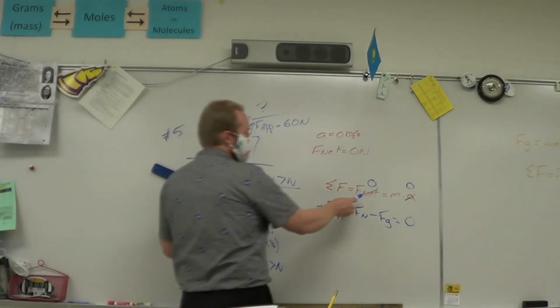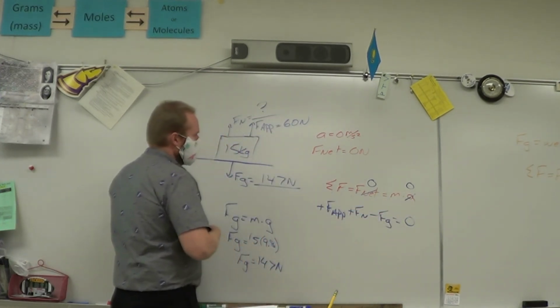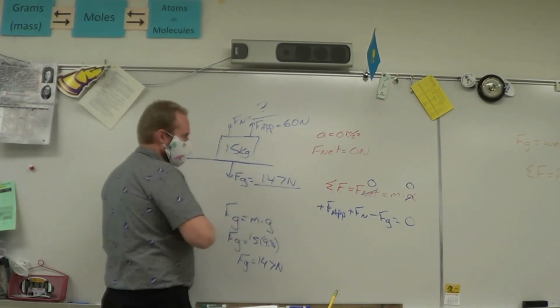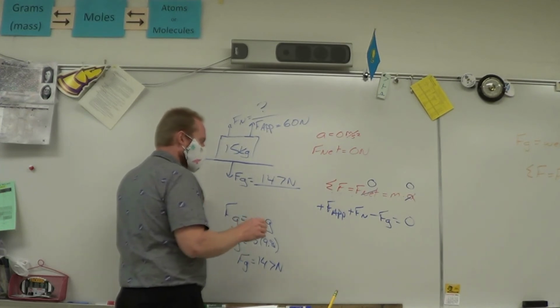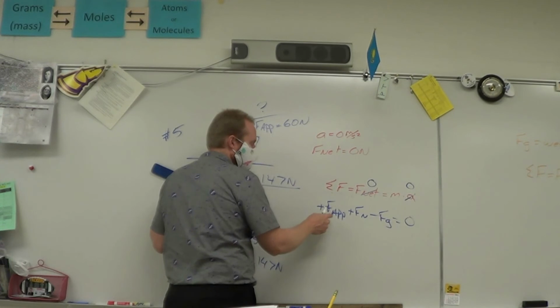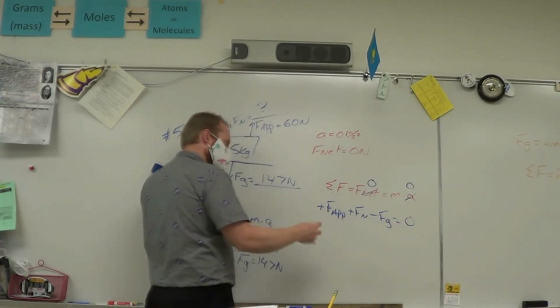Now, this is 0 because this was 0, is really where that comes from. I really encourage you to do it by name first, before you get too excited and put numbers in. Now that we have Newton's second law, what this is really saying is all of my ups, my 2 ups, minus my downs have to add up to 0 because it's not moving.